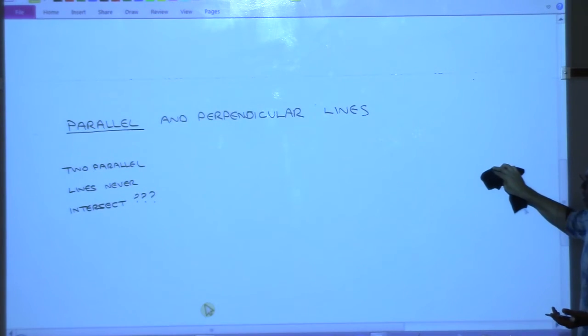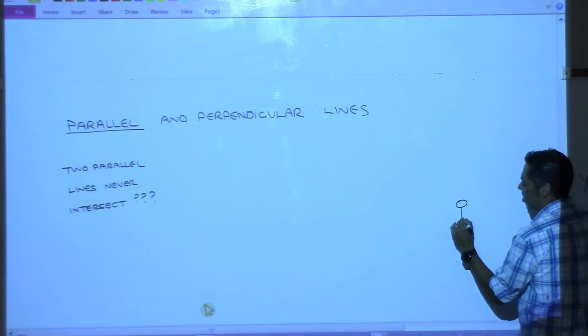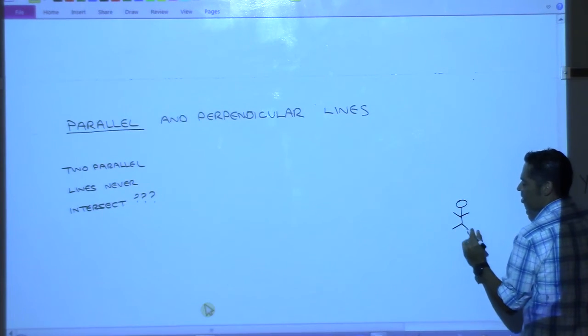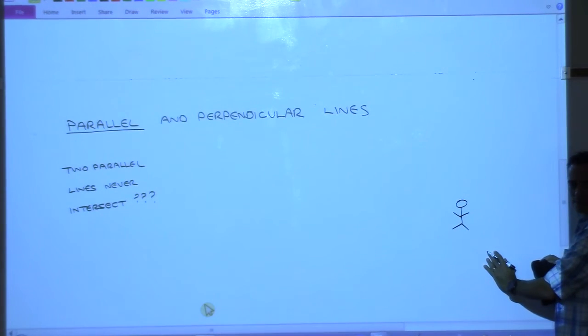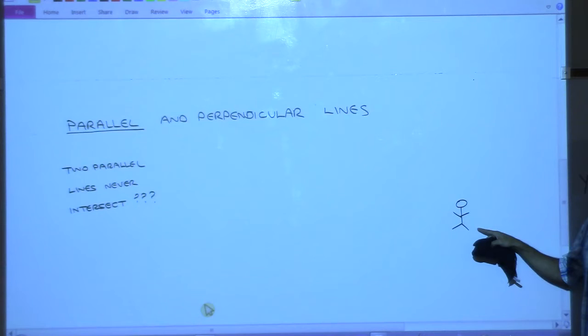Were they more like kindergarten pictures? I think they're a little better than that. That's a pretty good stick man. Yeah, I agree. They're better than that, but they still lacked some.